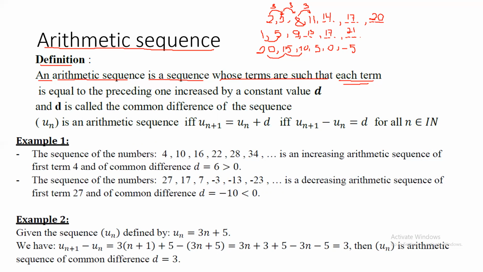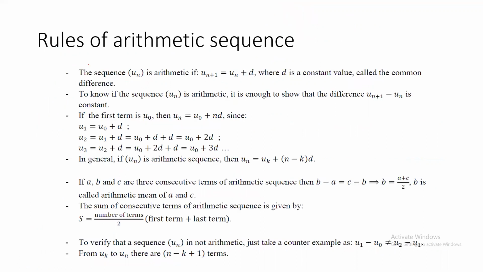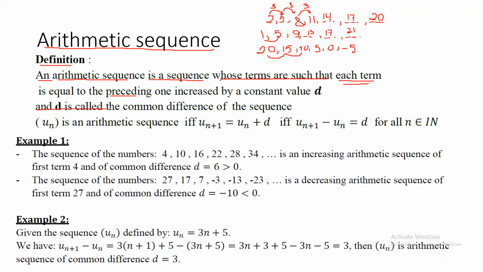Each term, مثلا 5 is equal to the preceding increased by 4. 9 is equal to the preceding increased by 4. So each term is equal to the preceding, to the one which is before, increased by a constant value d, and d is called the common difference of this sequence.